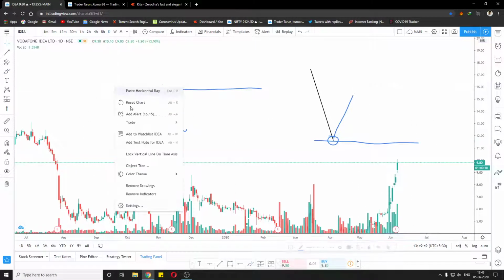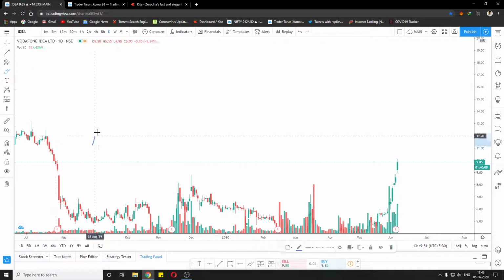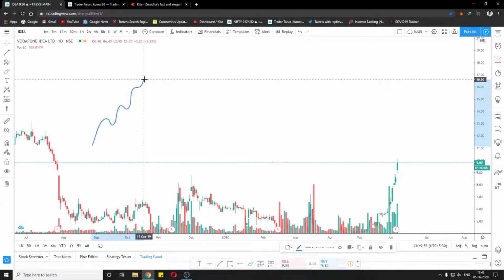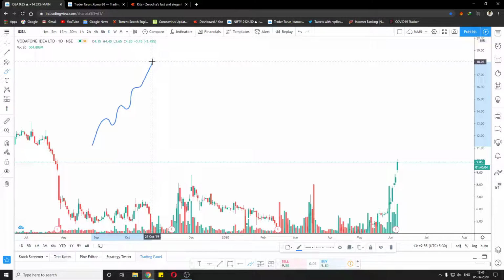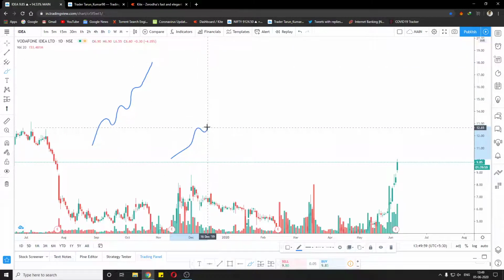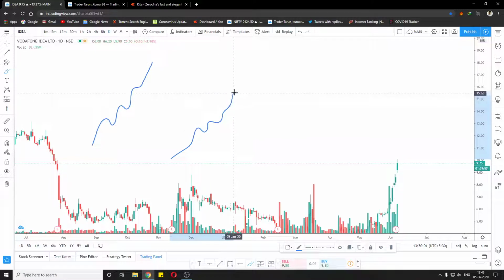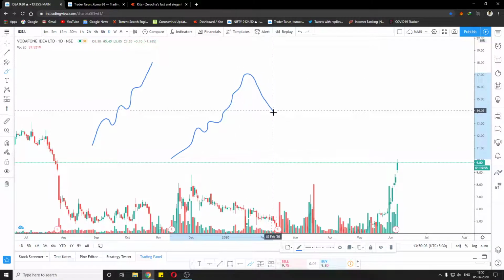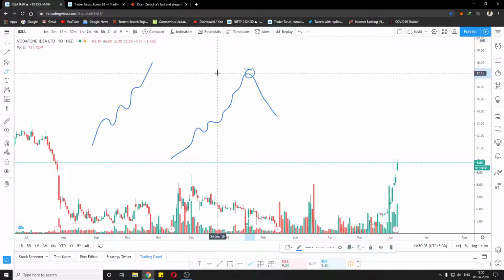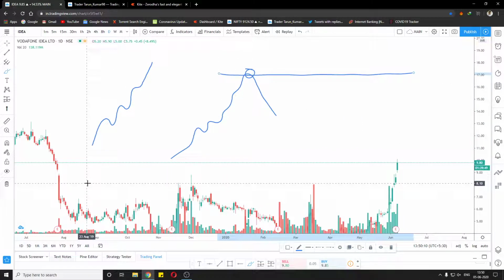When we have an uptrend, let's say the market is moving in a good trend, and then we have a good correction, not this small dip. If the market is moving like this, it is not a correction. A correction is when we have a good move. Then this point becomes resistance.